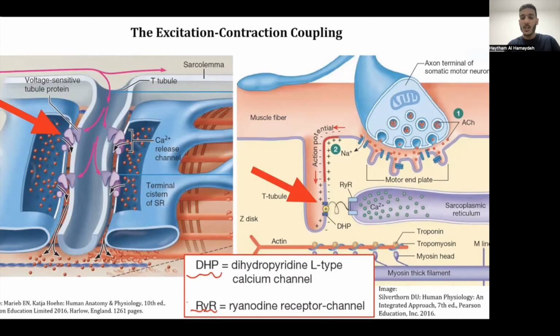Finally, we reach the main purpose here, the contraction of the muscle, the region where actin and myosin are present. Ca2+ interacts with the troponin C part of the troponin molecule, changing its shape and causing the movement of tropomyosin, revealing the binding sites of actin and allowing the binding of myosin heads to actin.